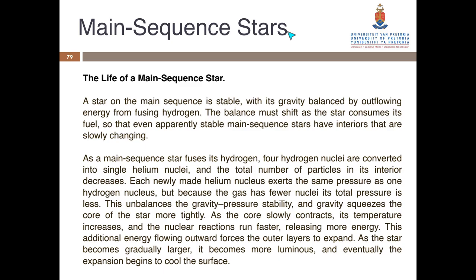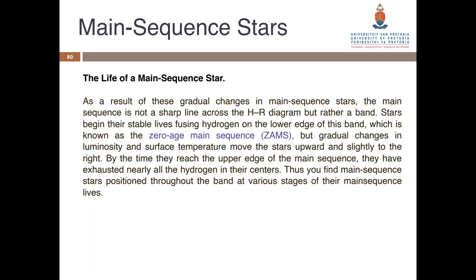As the star becomes gradually larger, it becomes more luminous, and eventually the expansion begins to cool the surface. As a result of these gradual changes in main sequence stars, the main sequence is not a sharp line across the HR diagram, but rather a band.